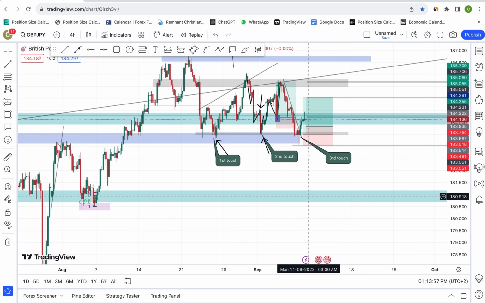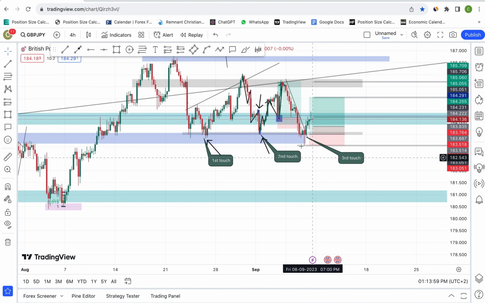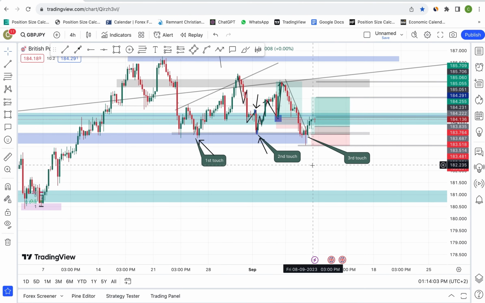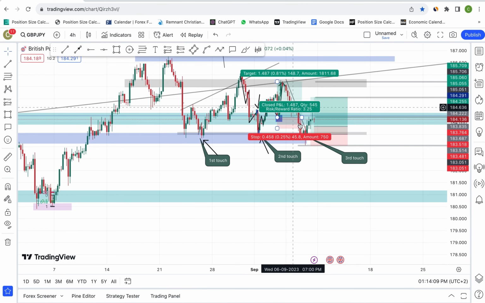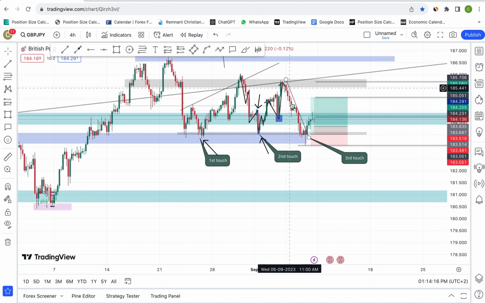So knowing that this is our third touch, another way for you to know that this trade is not going to keep coming down, let me delete this. Knowing that this trade is coming downward like this in our third touch, another way for you to know that it's not going to continue coming down is after seeing this bullish engulfing candlestick.